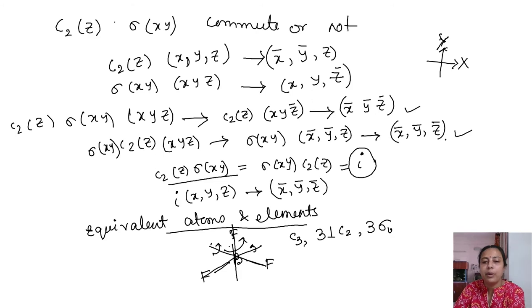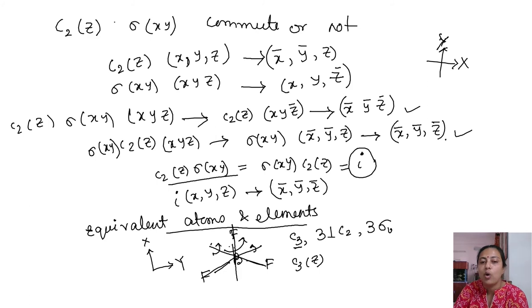But the beauty is this C3: if the molecular plane is XY and the Z axis is perpendicular to the board, my C3 is along Z. So when I'm rotating the BF3 molecule along the Z axis, that is along the C3 axis, each fluorine is going to be mixed up.